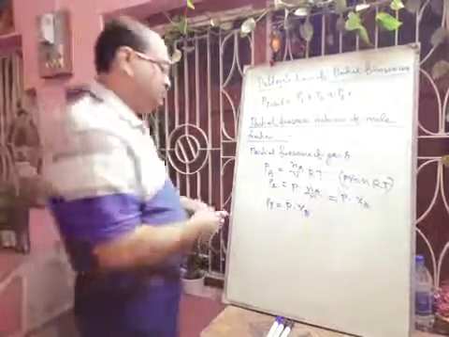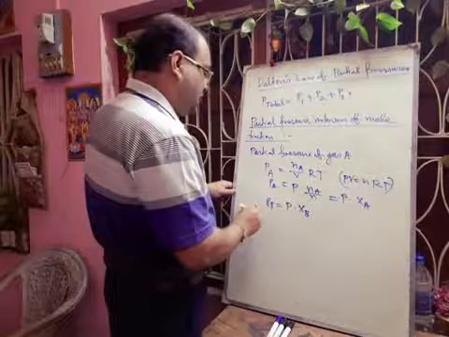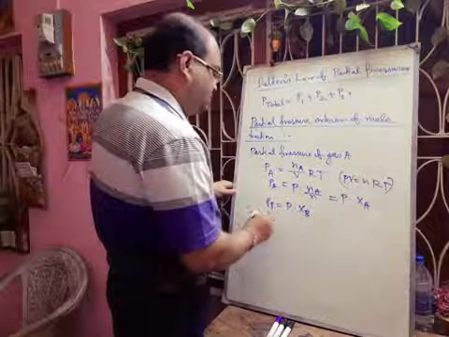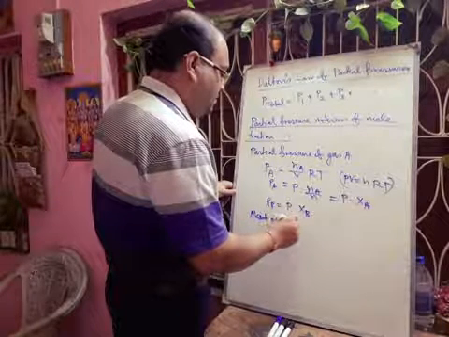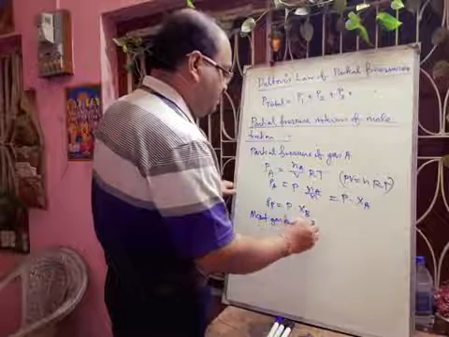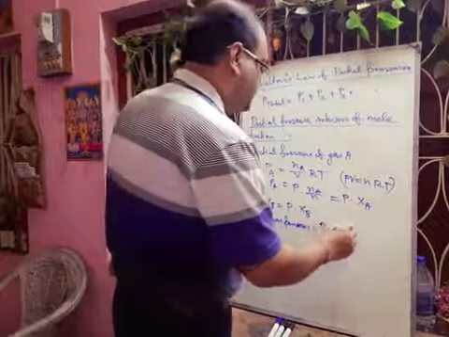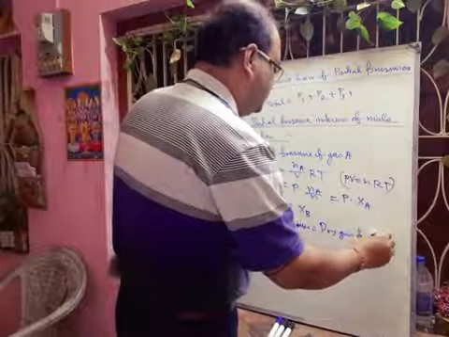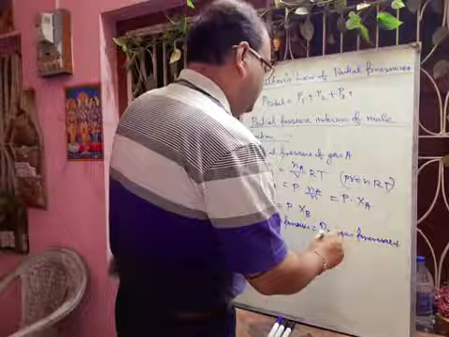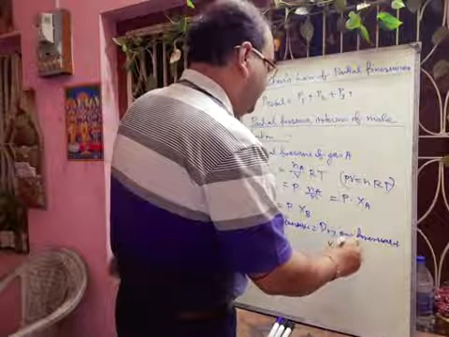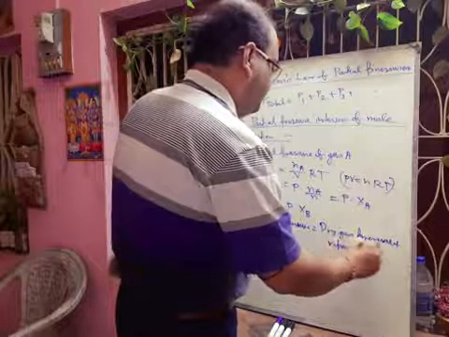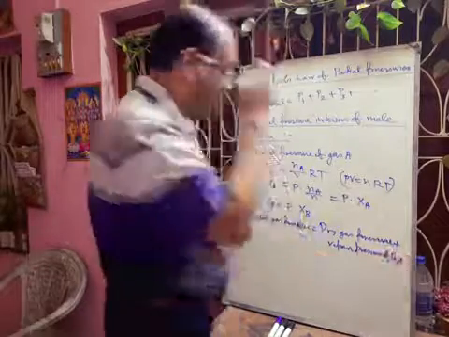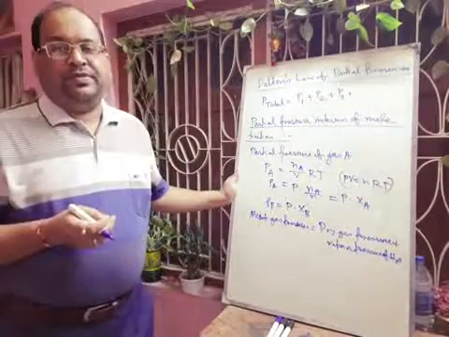So moist gas pressure is equal to dry gas pressure plus vapor pressure of water. Hope you can understand.